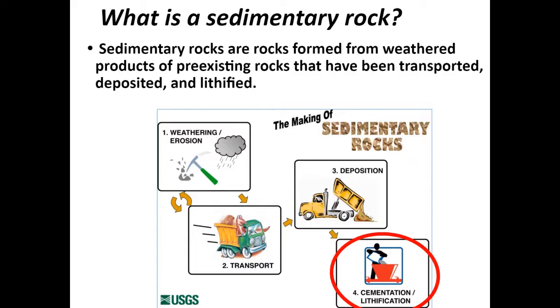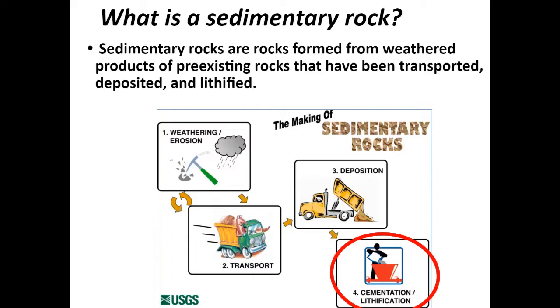So if we go back through some of the material before reaching sedimentary rocks, we learned about weathering, and then the erosion and transport of the sediments that were formed through the processes of weathering. And then after transport, the sediments are deposited.